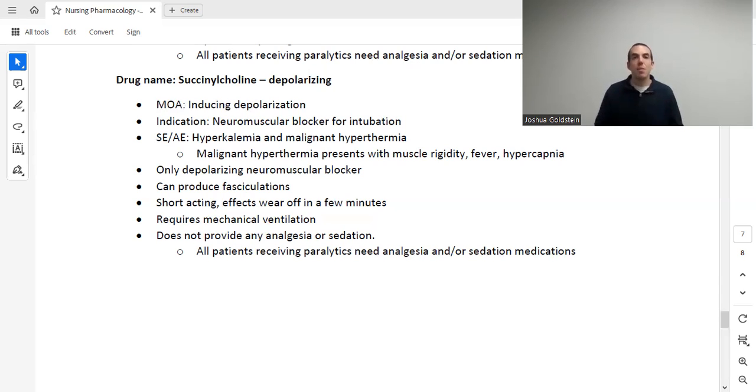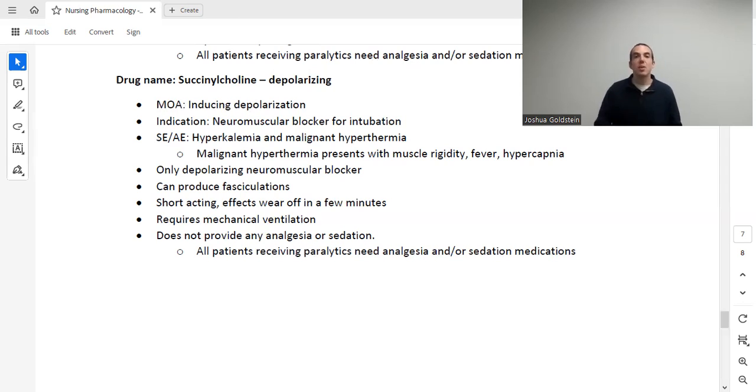Now, if I gave a patient this medication in order to put a tube down their throat to take over their breathing, if I do a good job, great, then I took over their breathing, there's no problem. But if I fail, and now the patient is paralyzed, they can't breathe on their own, and I can't breathe for them, they're screwed. So for that reason, it's a big benefit that it only lasts for a few minutes, because for a few minutes, I can just bag the patient until their own breathing takes back over again.